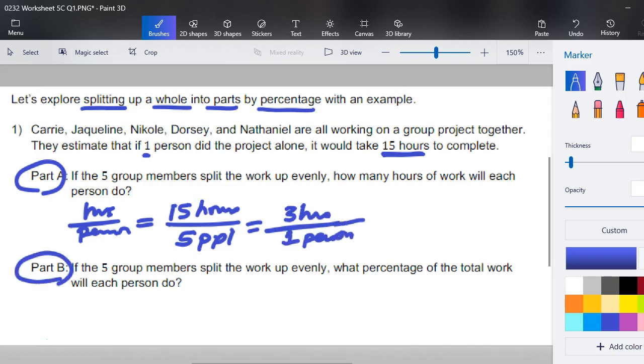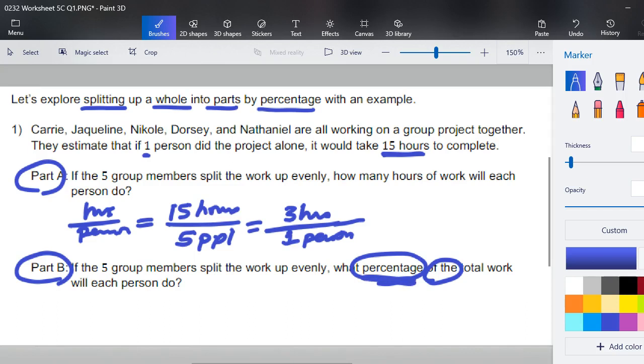Looking at part B: if the group members split the work up evenly, what percentage of this work will each person do? This one may be a little interesting as to how it is asked, but we're going to go a different direction because it is saying percentage.